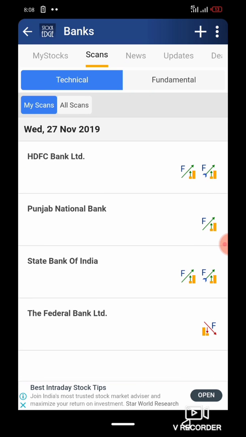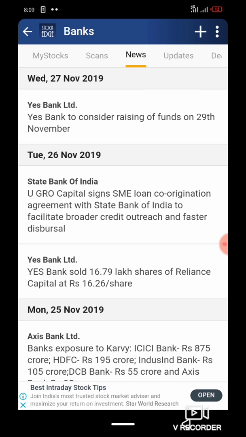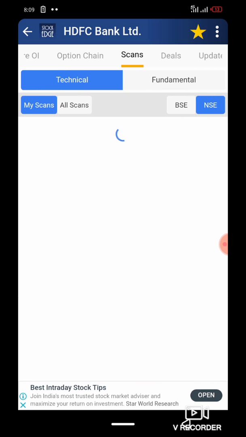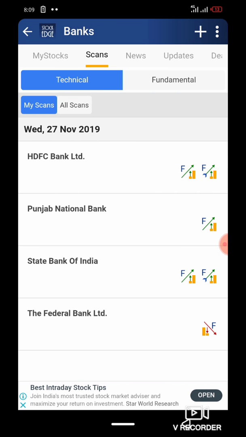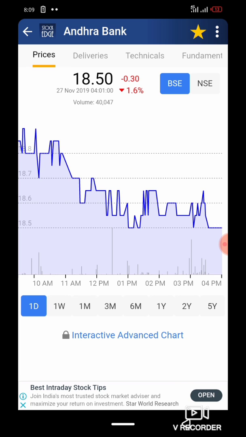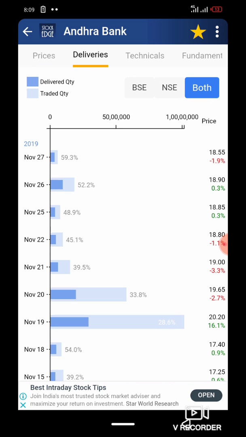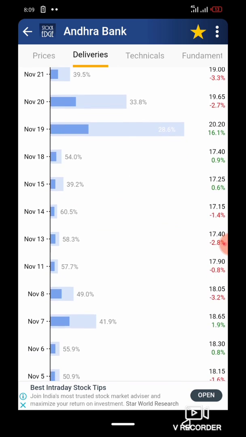And there are so many things in this, fundamentals also, news you can track directly over here. And you see directly the deliveries, according to the date they will show you.